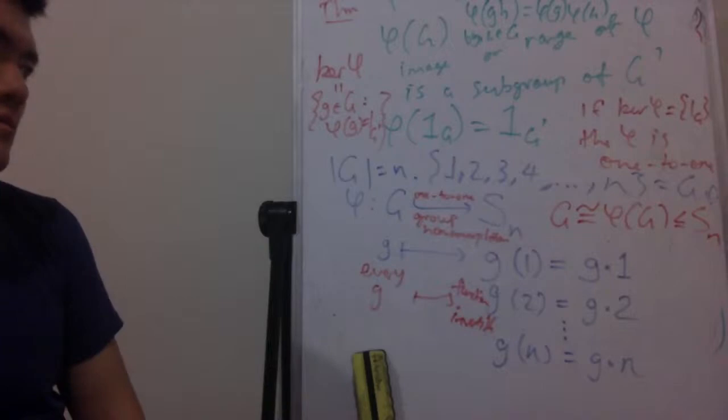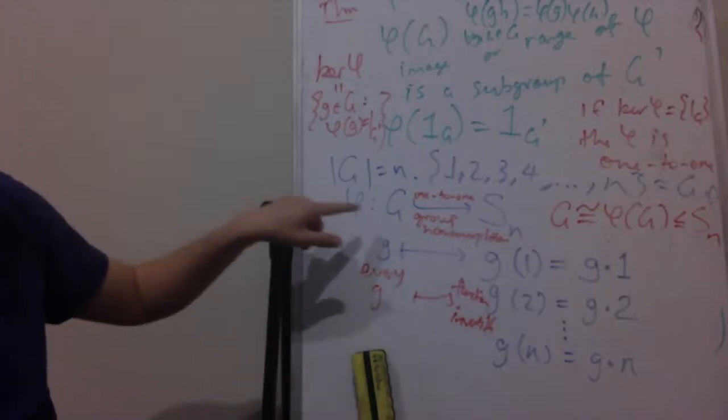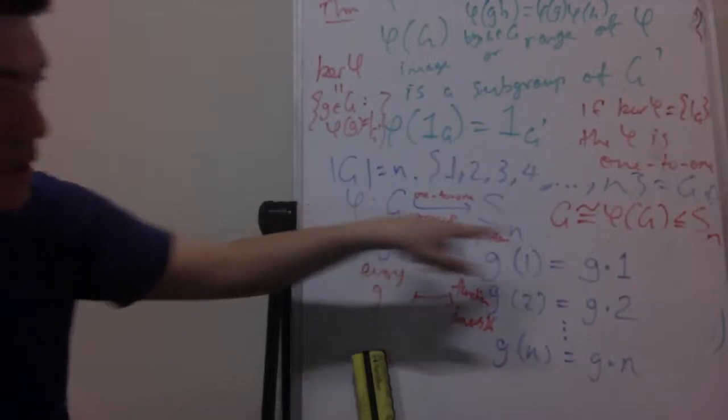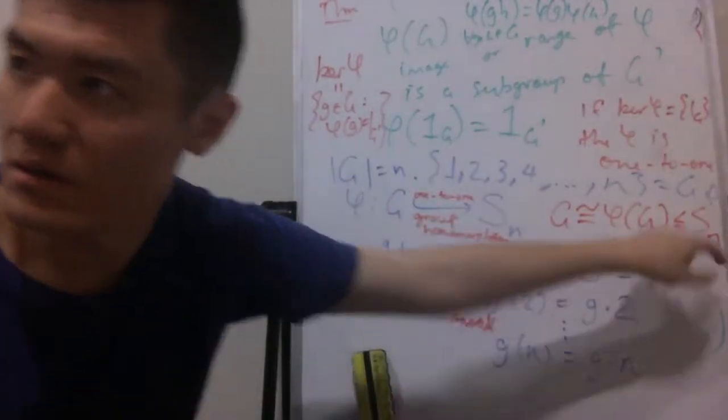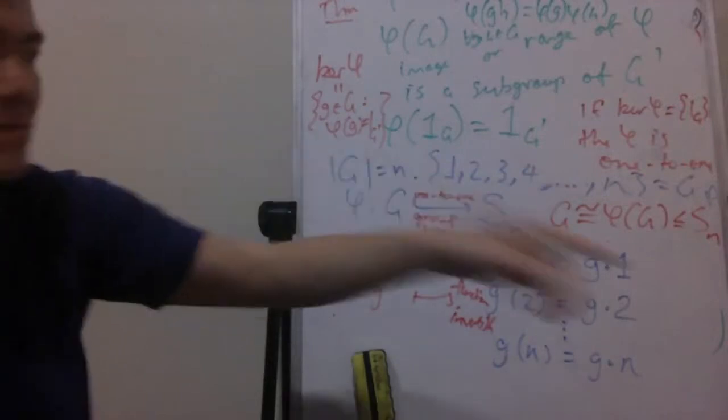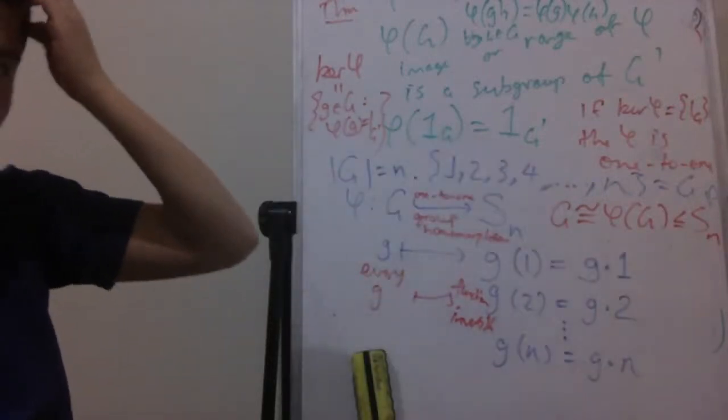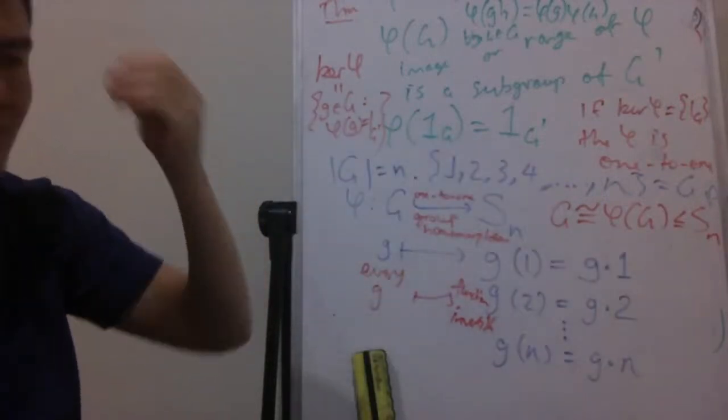That's just what the theorem says: every finite group is isomorphic to a subgroup of Sn for some n. So the n might depend on the group. It's not the same n, otherwise the sizes would be very restricted.